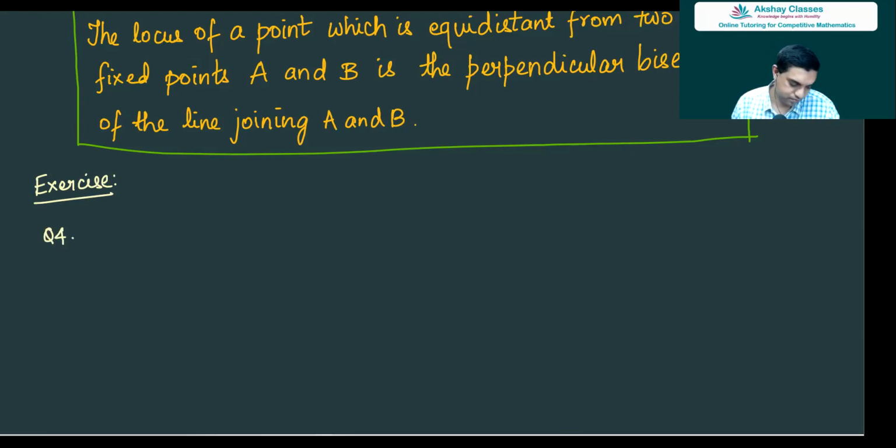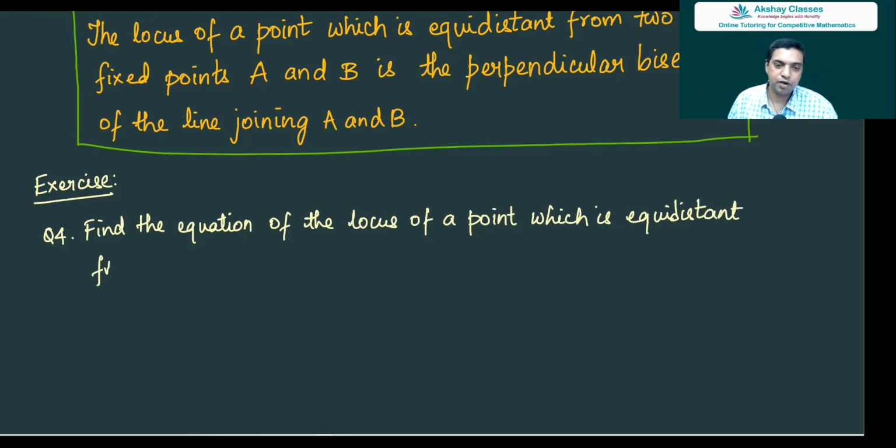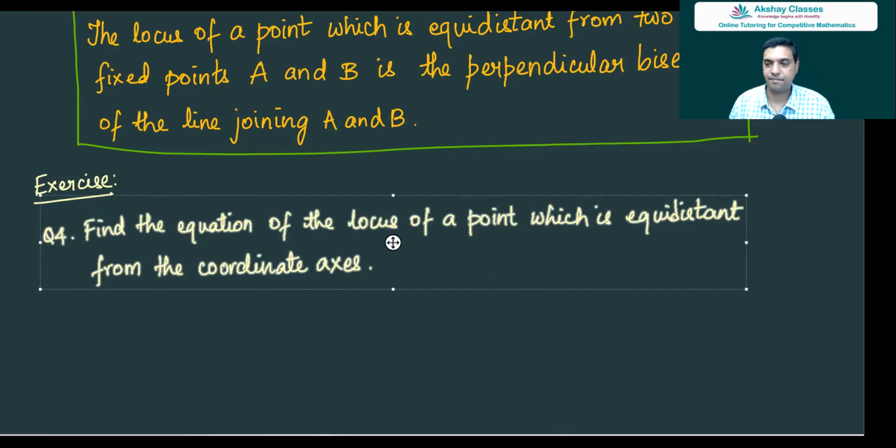So let's say question 4. Find the equation of the locus of a point which is equidistant from the coordinate axis.